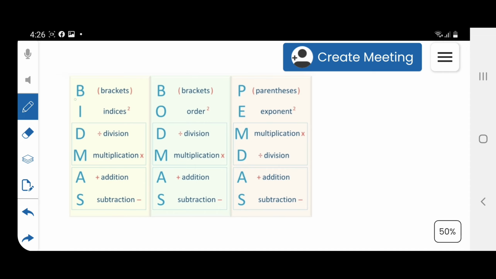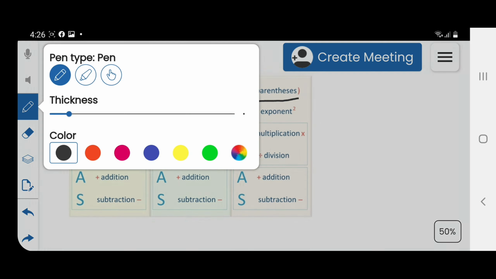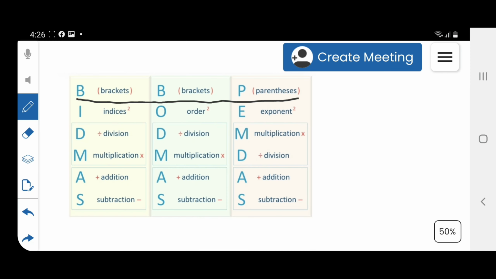First of all, the first term in all three is B and P, that is brackets and parentheses. So all these are exactly the same. Whenever there is a term in which we have something written inside a bracket, let's suppose this is the example given over here, how are we going to start the question?